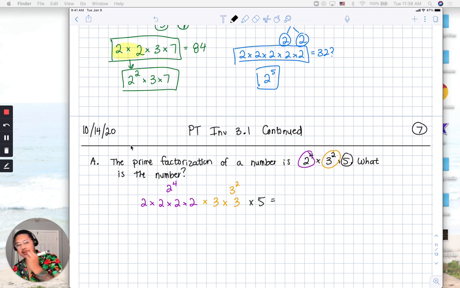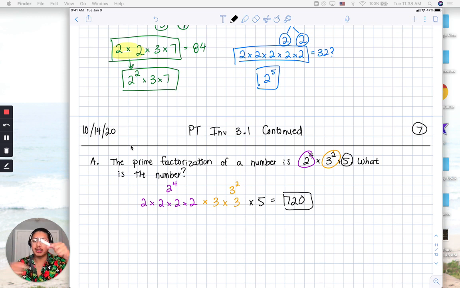So if you type this into your calculator, 2 times 2 times 2 times 2 times 3 times 3 times 5, you should get your answer. And it looks like our final answer is, I'll let you type it in. Go ahead, type it in. 720. So 720 has the prime factorization 2 to the 4th power times 3 to the 2nd power times 5.